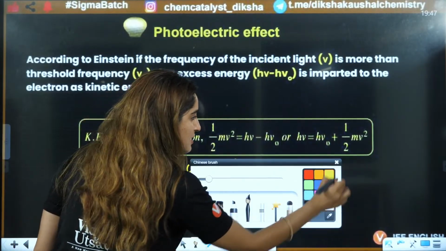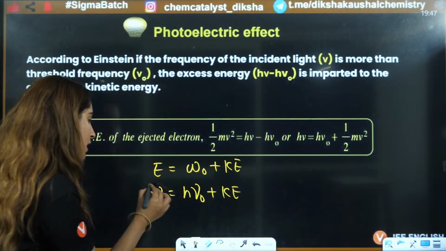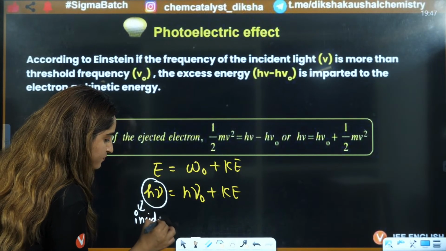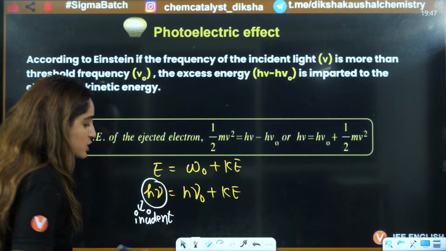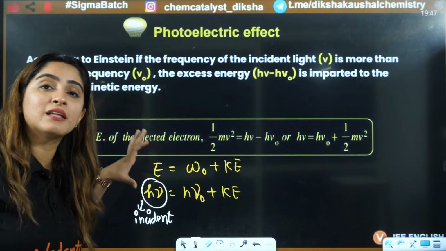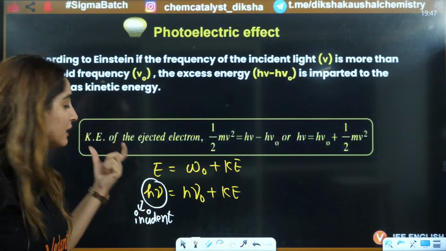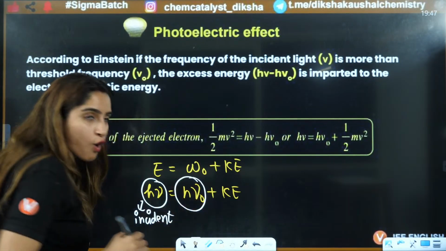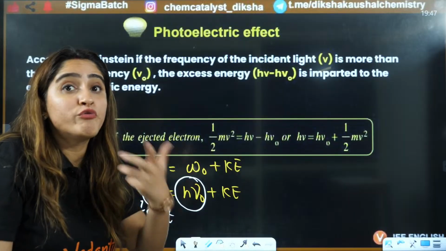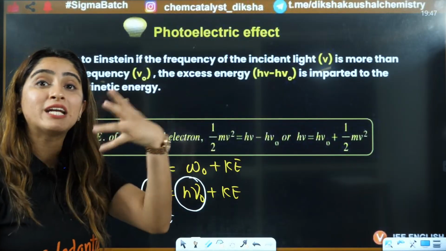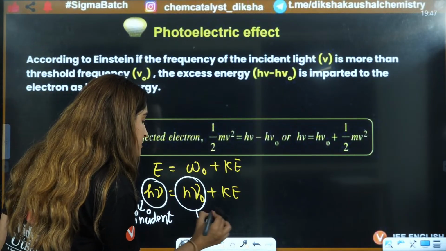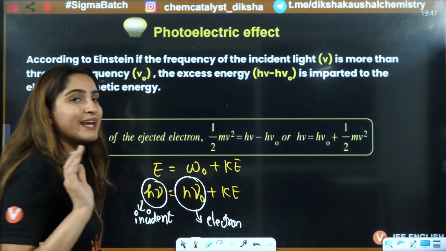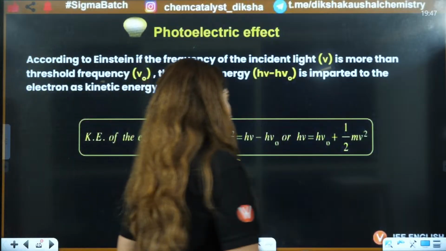That h mu is the energy of incident light, right? That's why when I was decreasing the lambda, the energy of incident light was increasing. But this h mu naught depends upon which atom you are using, which metal plate you are using. This is the energy of the electron, and this is the kinetic energy that will be left, right?